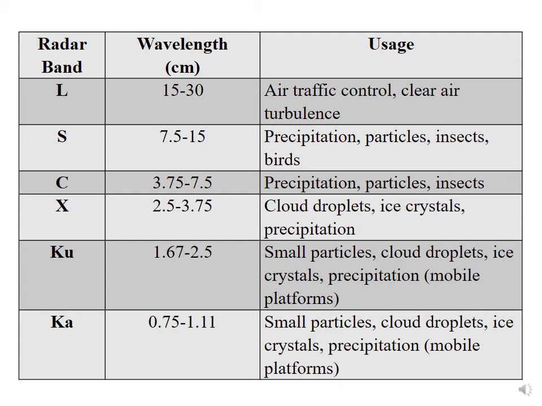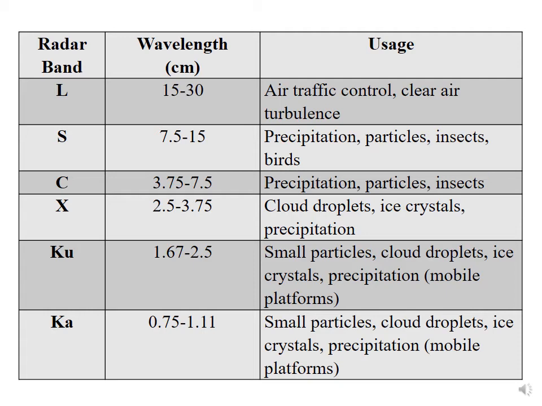The radar band we refer to as L, which is the longest of the radar bands, uses a wavelength of 15 to 30 centimeters, all of these are going to be in the microwave. These are basically going to be transparent to small targets, and are primarily used to identify aircraft.